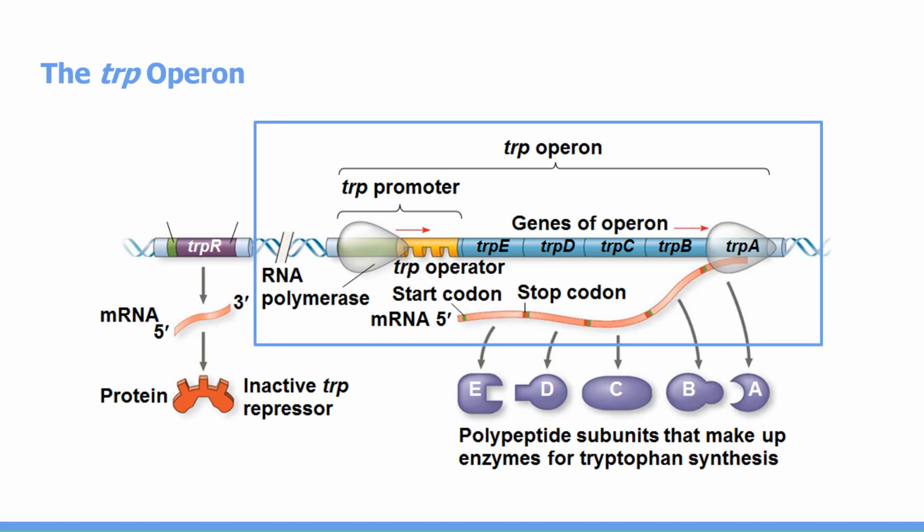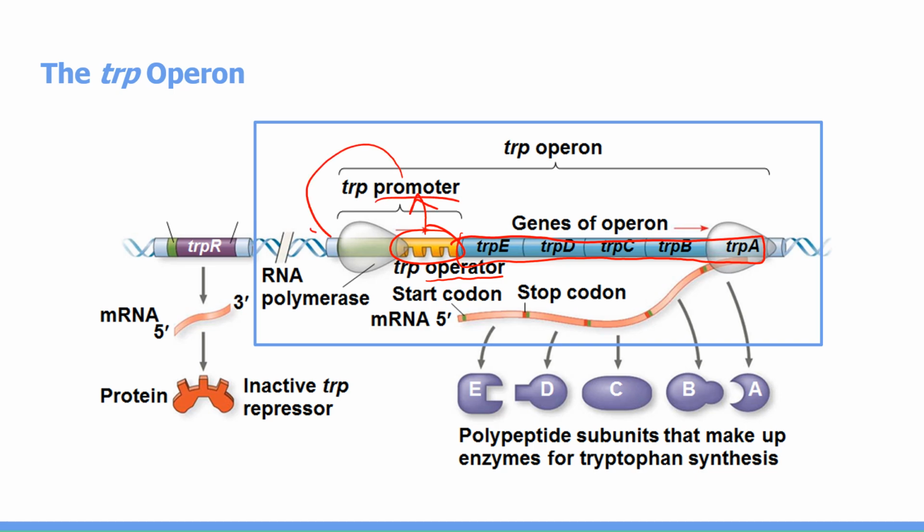So again, I'm a very visual person, so let's put all those terms together. The operon includes three things. First off, the operator, which controls, this is the on or off switch, controls the transcription of these genes here. Then we have that operator within the promoter.